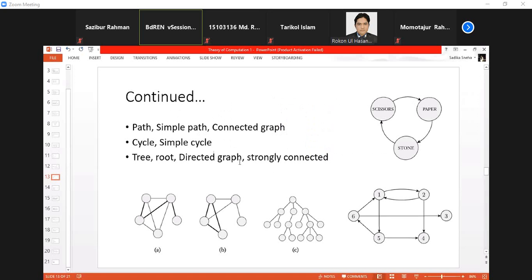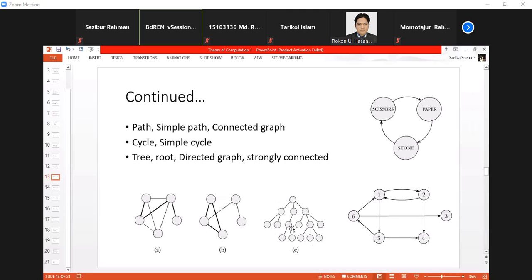Now we are left with two more things: tree and root. Root is related to tree, so let's first go with tree. As you can see, this graph is a tree, right? From our previous knowledge we can say this graph is a tree.